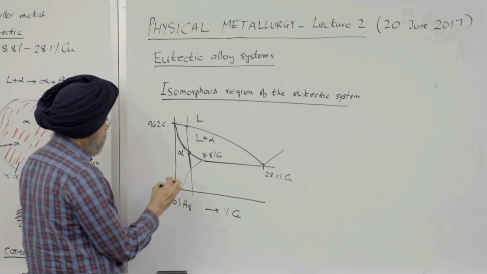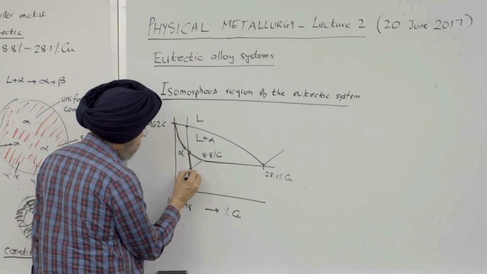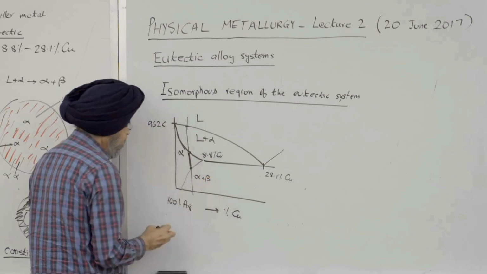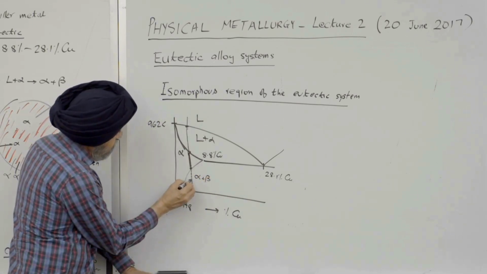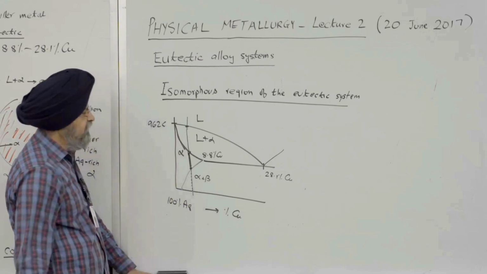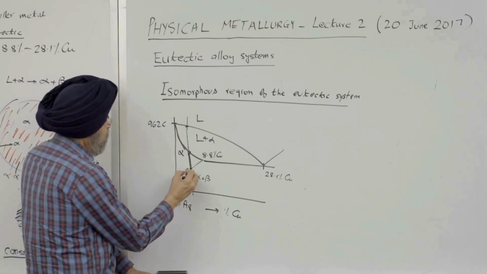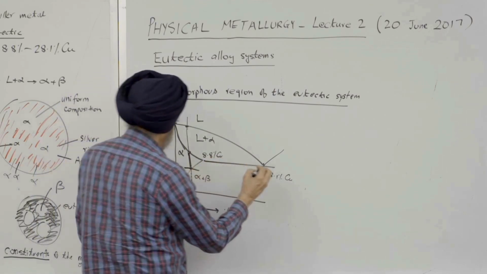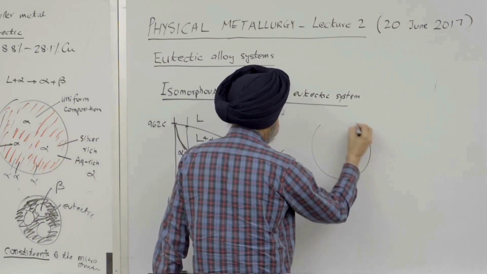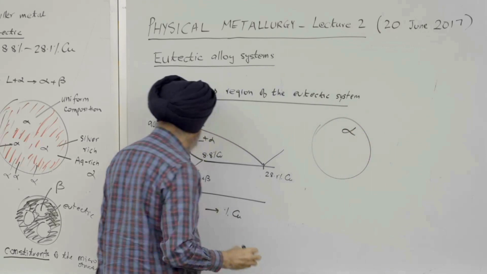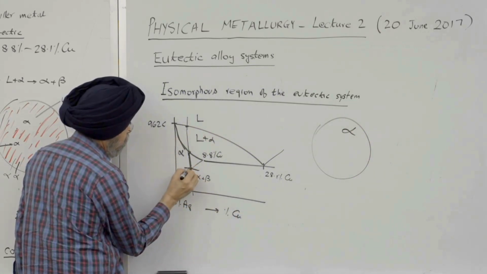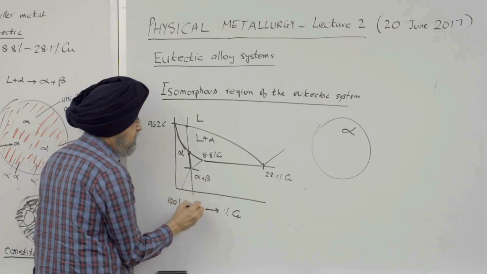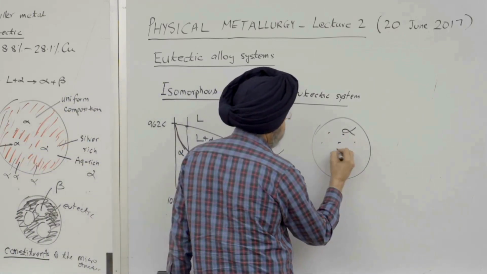But then notice what happens. When we get below this point, now we have alpha plus beta. At these points, beta is coming out. So up to this temperature, all we see in the microstructure is alpha. When we cool below this, beta wants to come out.